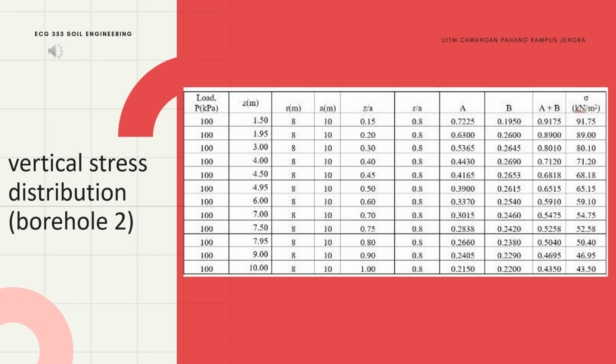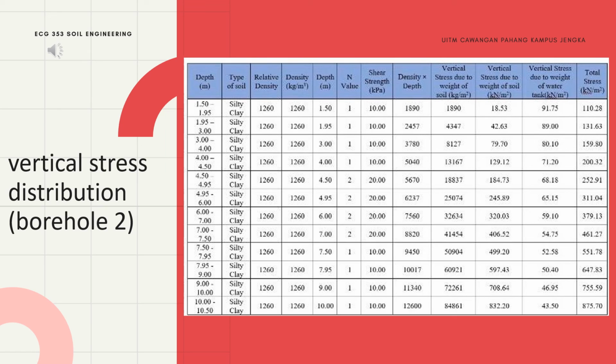So this is the table for how we calculate the vertical stress due to the weight of the water tank for borehole 2. The formula is all the same. We use the interpolation method and calculate the vertical stress using the formula.